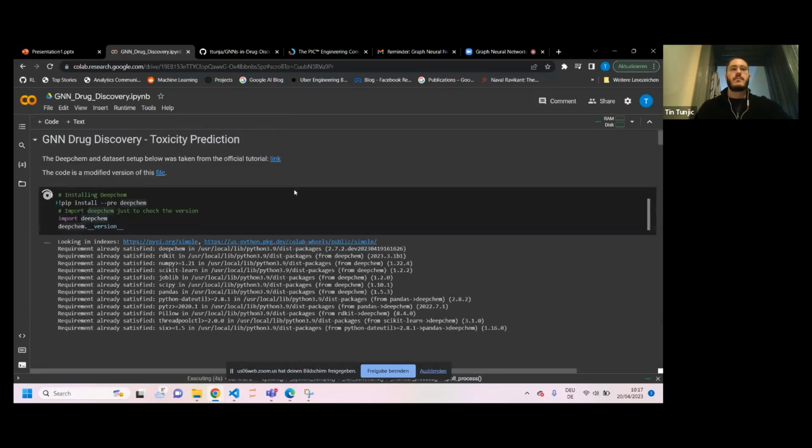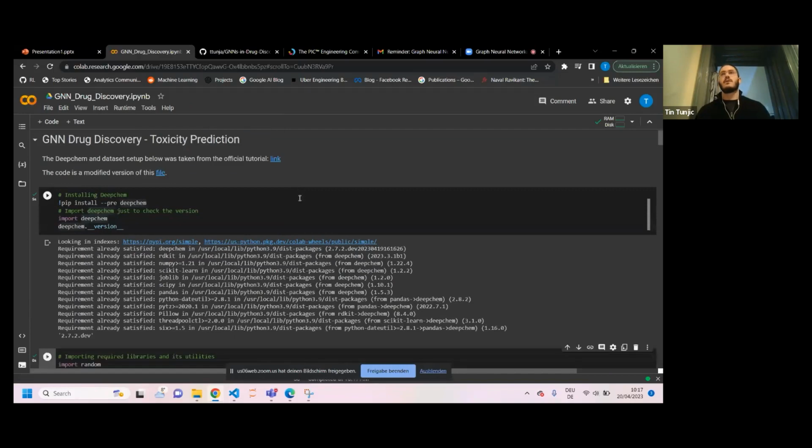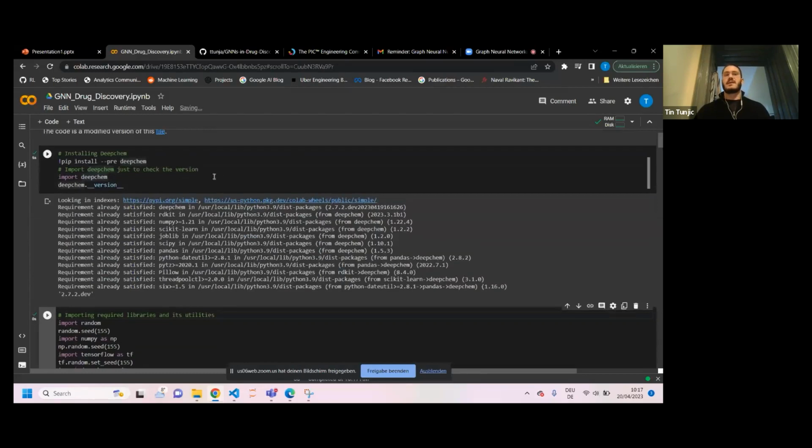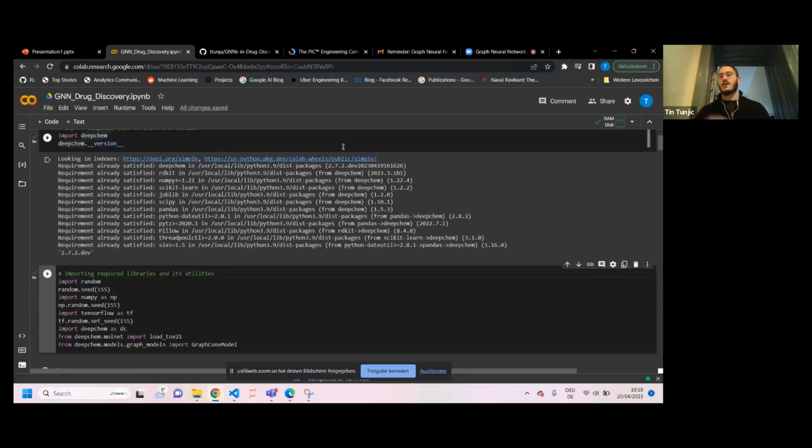This DeepChem also comes with some nice libraries that I almost use daily, which is called RDKit, also one of the best-known libraries for chemistry. DeepChem is built on top of libraries like TensorFlow and PyTorch, and it's an additional abstraction level on top of those libraries.